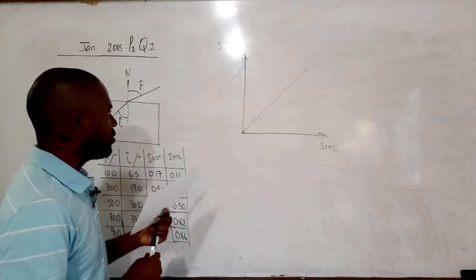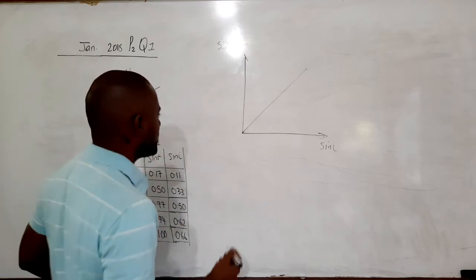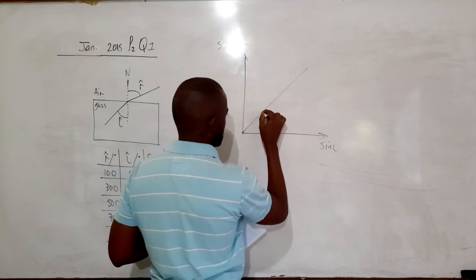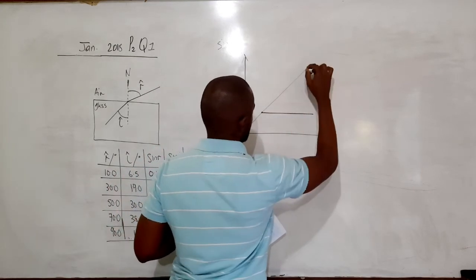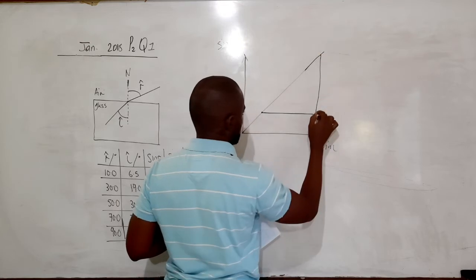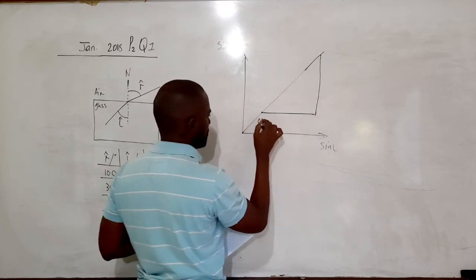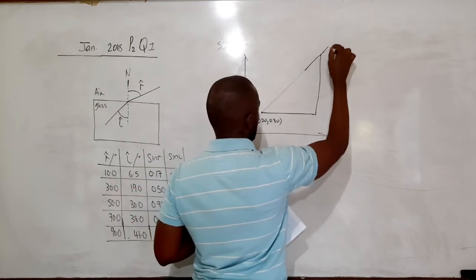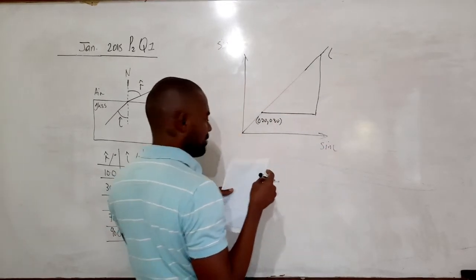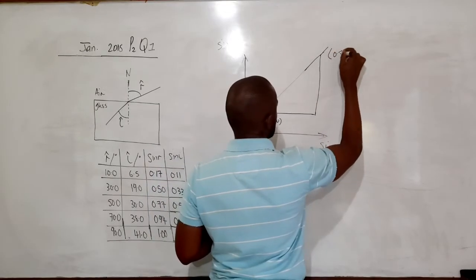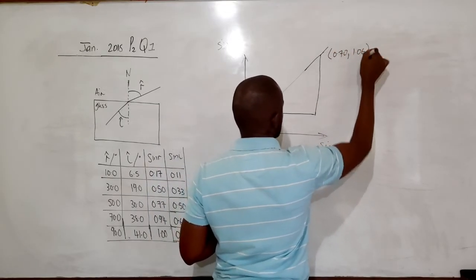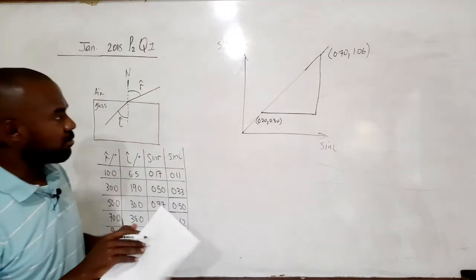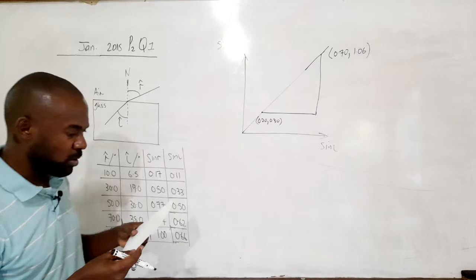So the points I used to find my gradient were the points 0.20, 0.30, and the point up here was 0.70, 1.06, right? So those are the points I would have used, and the gradient worked out to be 1.52.